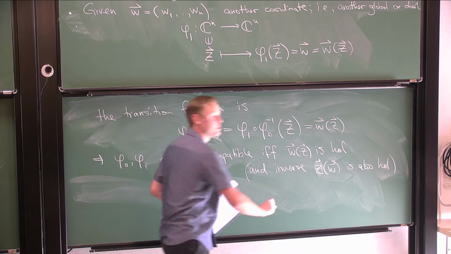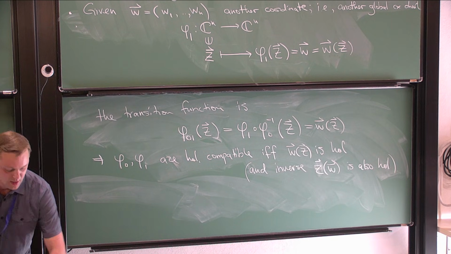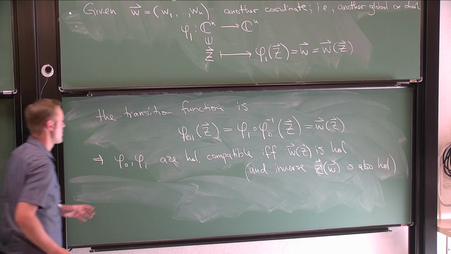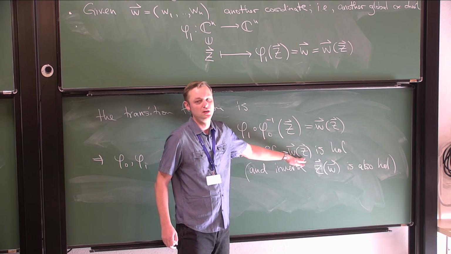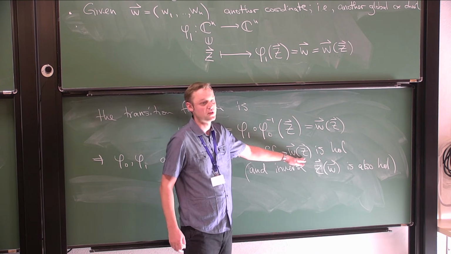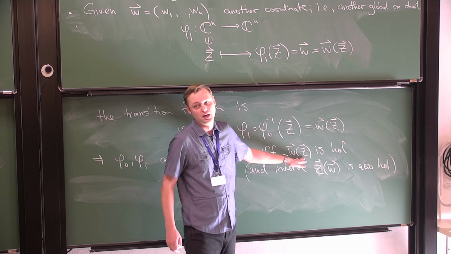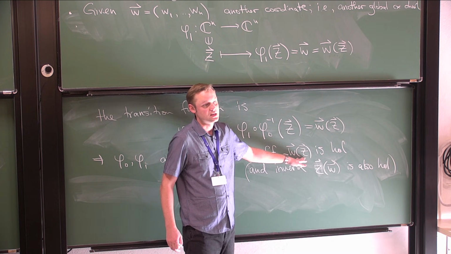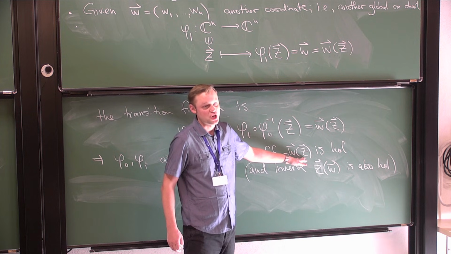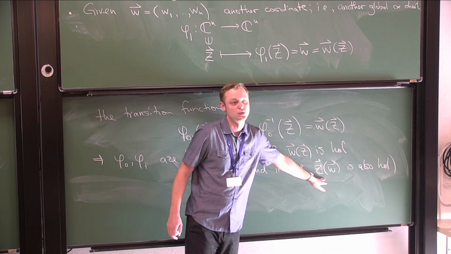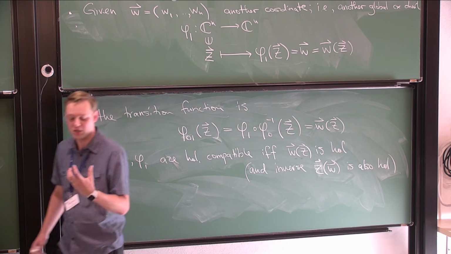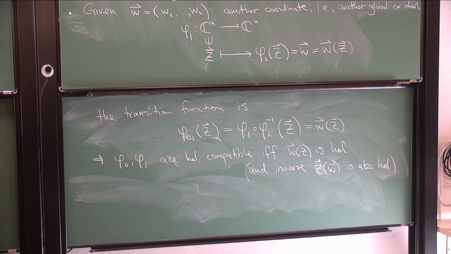However, one beauty of complex analysis is that there's a theorem, which is that if I have this vector valued function, which is holomorphic, and if I can prove that it is invertible, so it's a bijection, then that automatically implies that the inverse is also holomorphic. That's how rigid holomorphic geometry is.